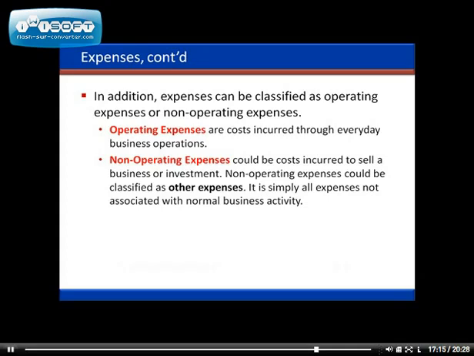So I mentioned before, we talked about a convenience store owner selling his kitchen equipment because he's no longer going to use the kitchen. All of the payroll dollars, and maybe he had to ship it to the restaurant that decided to buy the equipment. All these will classify as non-operating expenses.